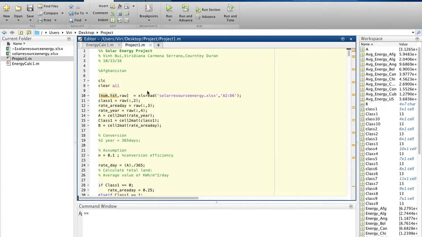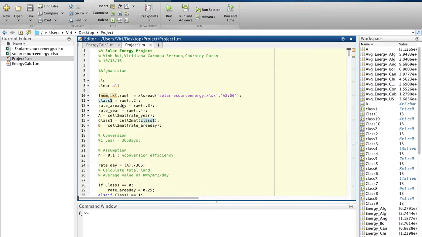Here are housekeeping commands. We use the XLS read to import the data here, and we separated the data into columns.